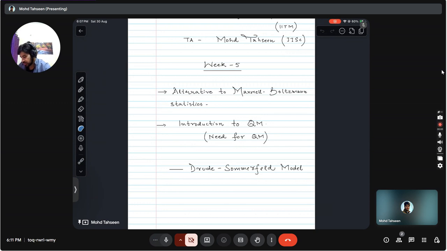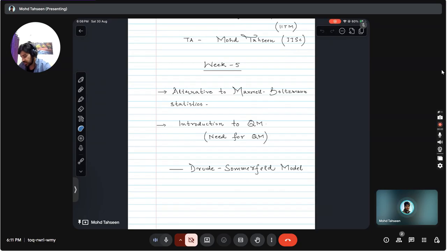We need an alternative framework, with statistics corresponding to that framework, which can explain these properties, which the Drude model, based on Maxwell-Boltzmann statistics, is not able to predict correctly.